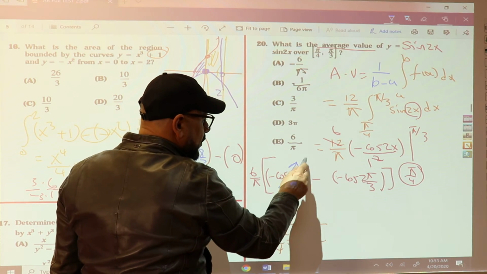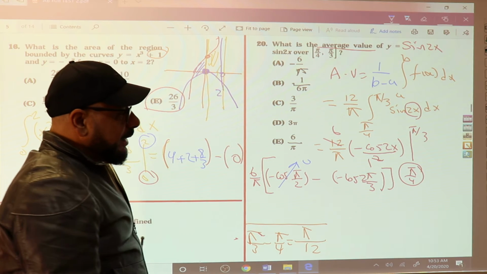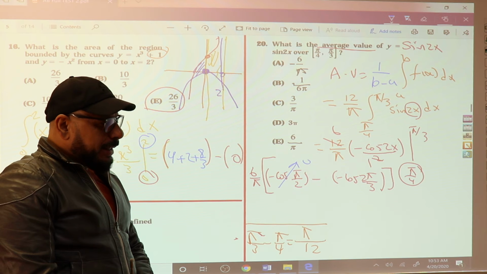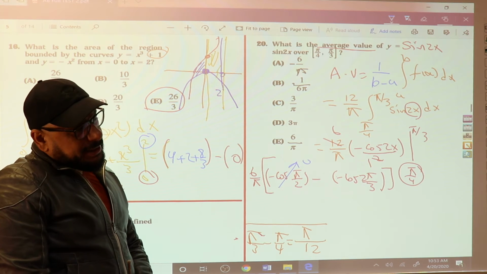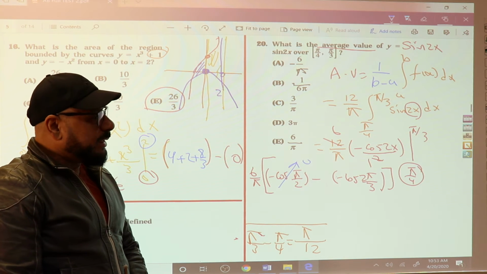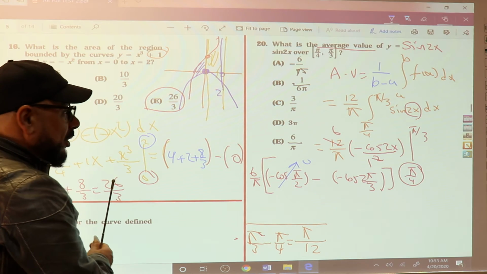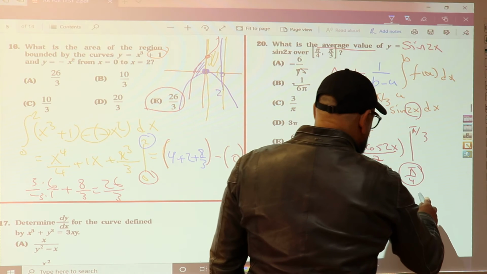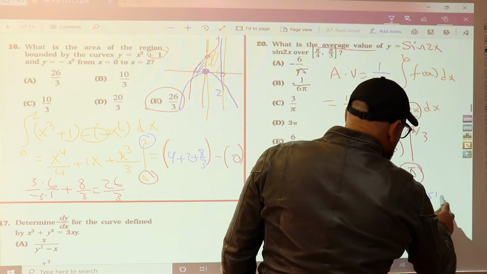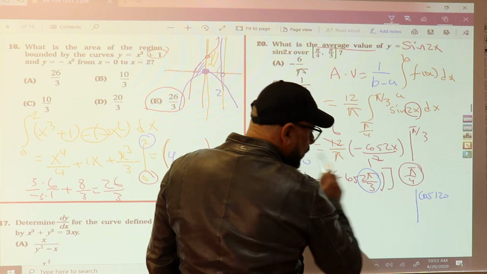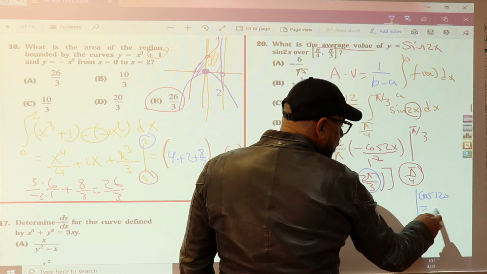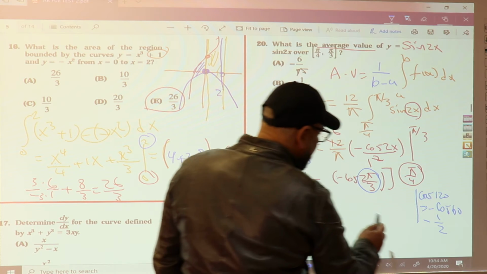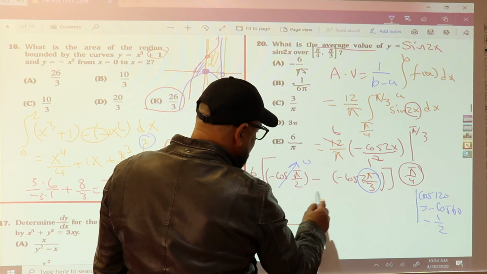Guys, this is 0. Cosine 2 pi over 3, pi is 180. Just put in your head, 180 divided by 3 is 60. 2 times 60 is 120. Then I'm looking for cosine 120. Cosine 120 comes from 2 pi over 3. It is the same as negative cosine 60 because we are in the second quadrant, which is negative half. Negative and negative is going to be positive.